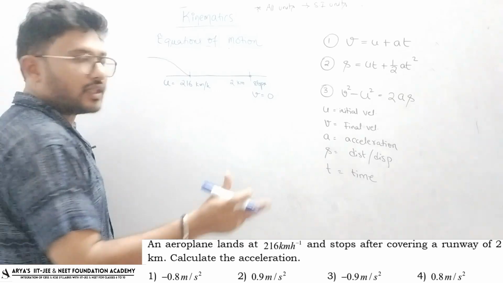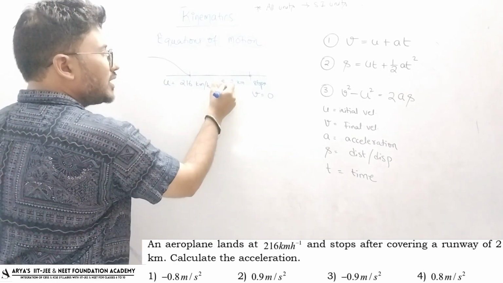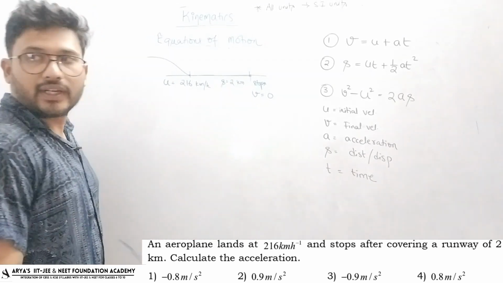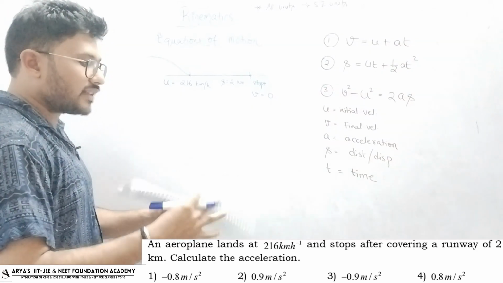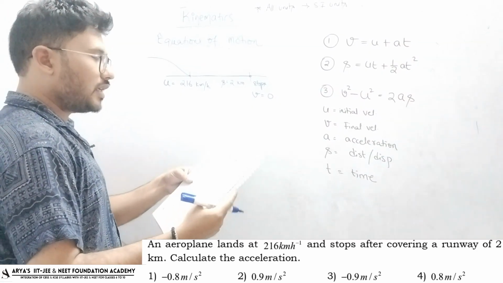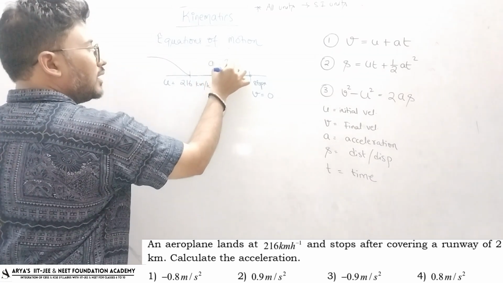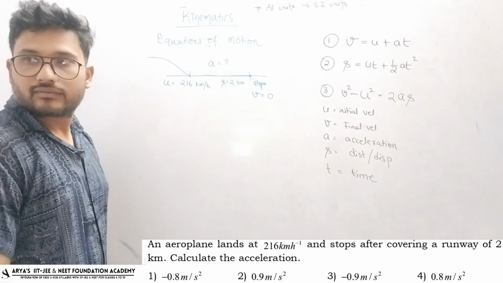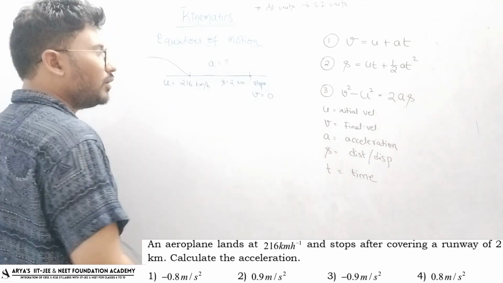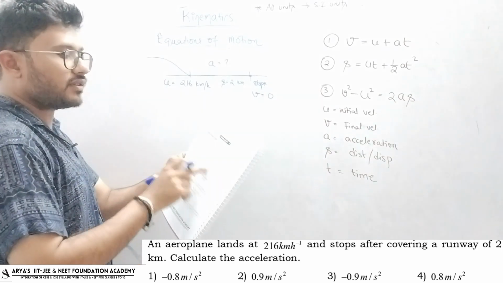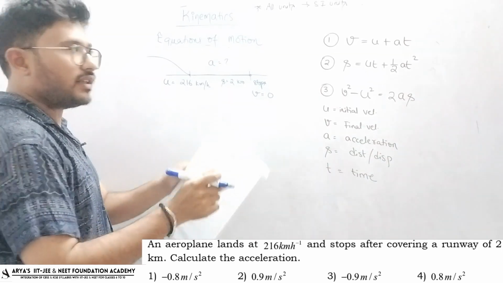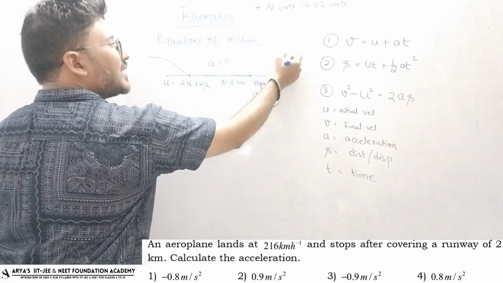Now what is the distance they gave, the s value? 2 km. Now what is it asking us to find? Acceleration. With what acceleration is it moving? Is the question clear?